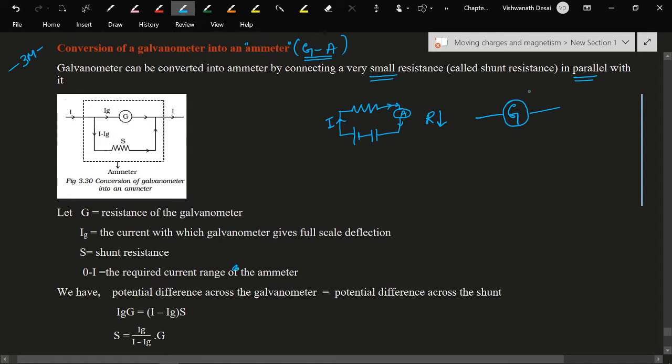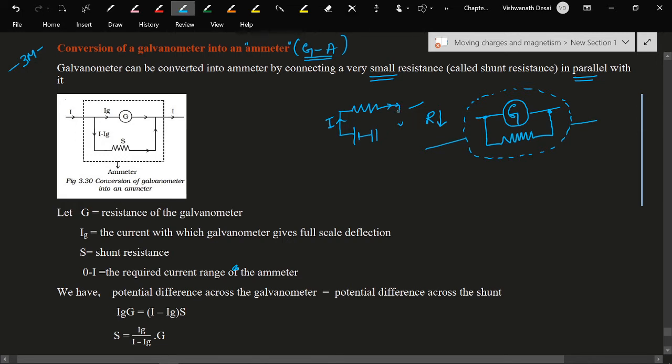It has high resistance compared to the ammeter, so it cannot be used directly as an ammeter. So the overall resistance of the galvanometer should be reduced. How to reduce it? By connecting a shunt resistance to it. Shunt resistance means a parallel resistance should be connected with the galvanometer. Then the overall resistance of this system reduces, and this system can be used as an ammeter.